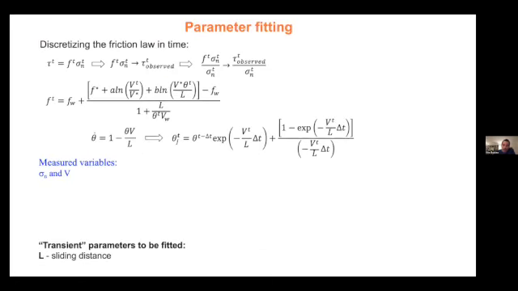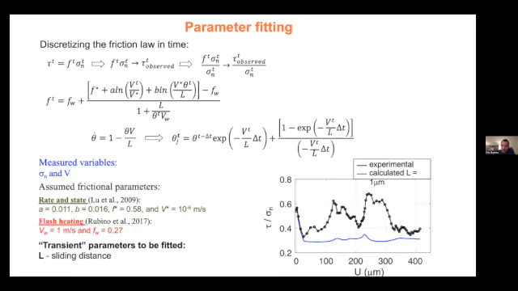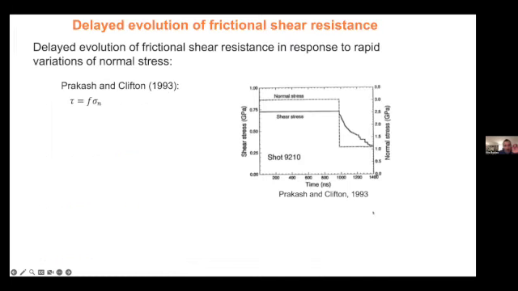So if we now use the same procedure as I discussed earlier to fit this experimental curve, then with flash heating combined with retained state, we fail miserably. We cannot capture these features. However, if we introduce the Prakash-Clifton formulation, where we do not assume the shear stress is proportional to the normal stress, but we take that it depends on a function psi, where the evolution of psi is given by this relation, which depends on the slip velocity and on an evolution distance, which is the Prakash-Clifton length scale, and then on the difference between psi and the normal stress.